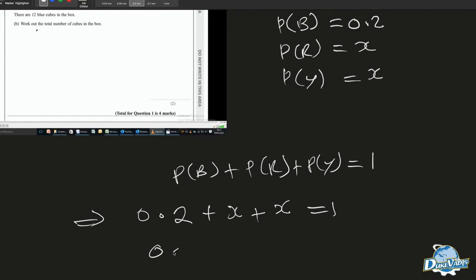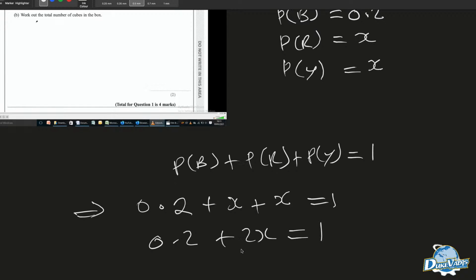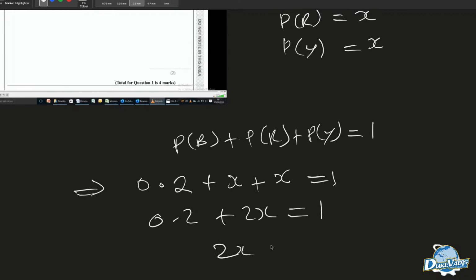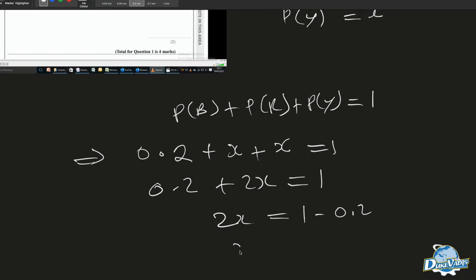So 0.2 plus 2x equals 1, and 2x equals 1 minus 0.2. So x equals 0.8 divided by 2, that's 0.4.